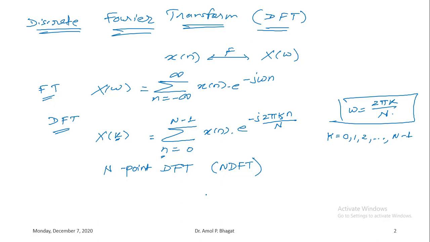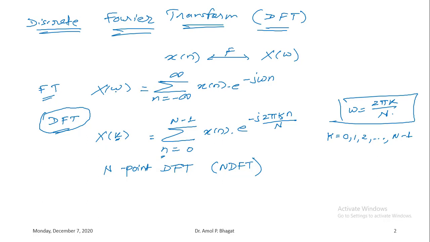The reason we mostly use the discrete Fourier transform is that the DFT is computationally convenient compared to the Fourier transform, because the Fourier transform is a continuous function of frequency.